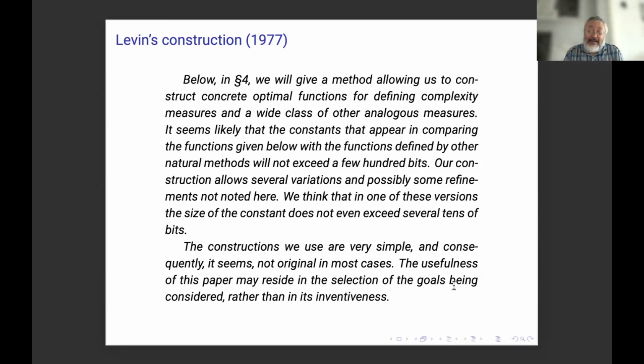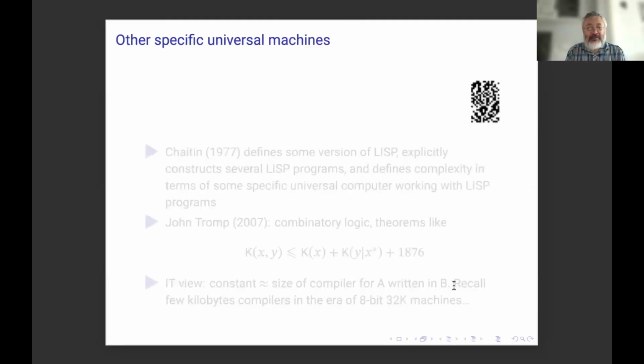And it seems that Levin hoped that it could be somehow developed. But unfortunately, since this paper, I haven't seen any paper which continues this specific approach or proves something or uses something. It's kind of a dead end up to now.